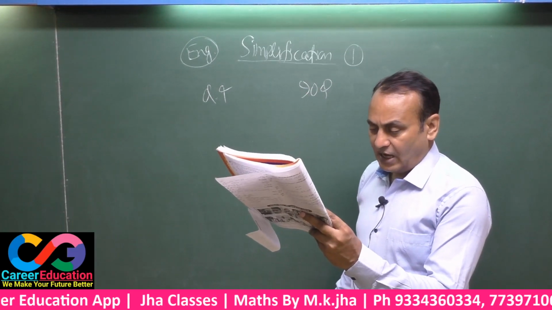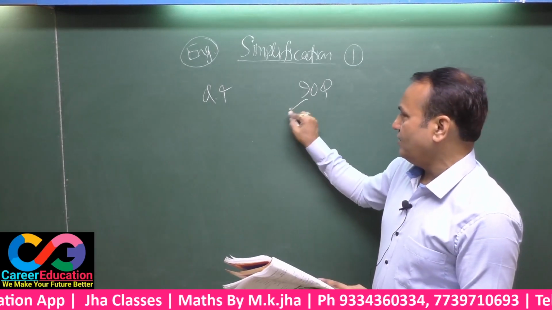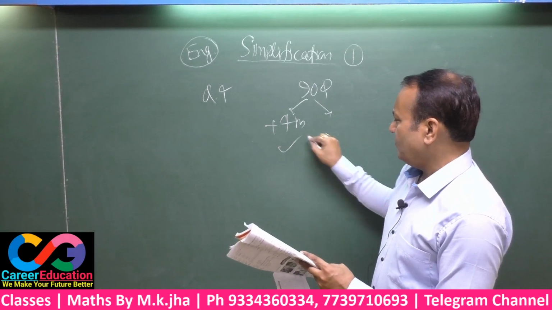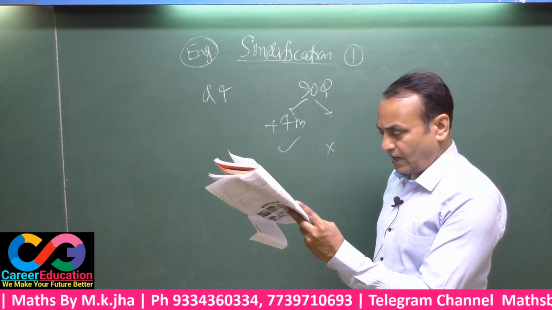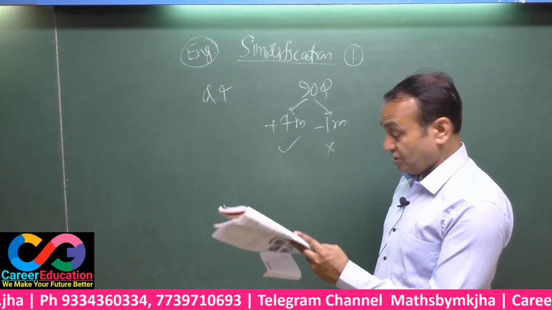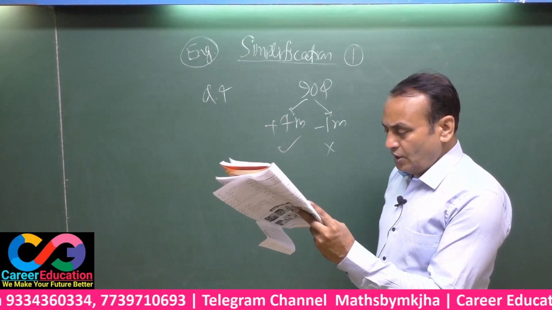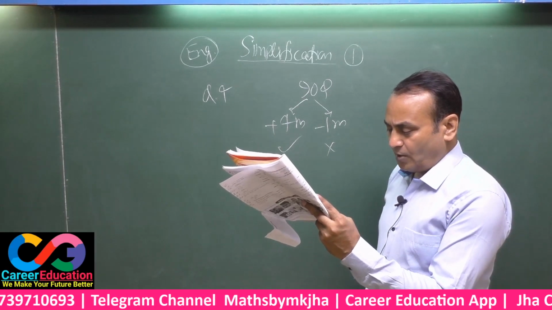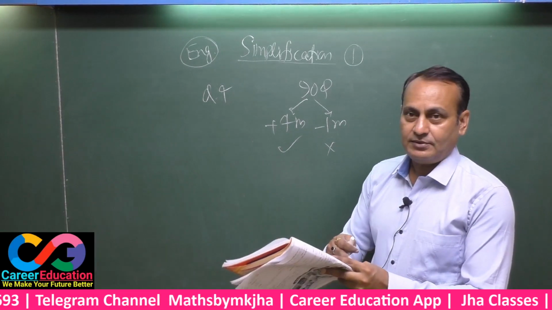For each correct answer, 4 marks will be given. For each wrong, 1 mark must be deducted. He solved all the questions, but he got only 210 marks. Find out the number of questions he attempted right.